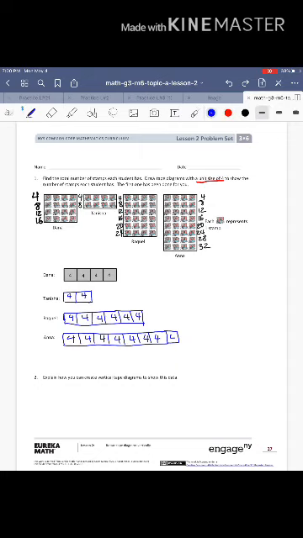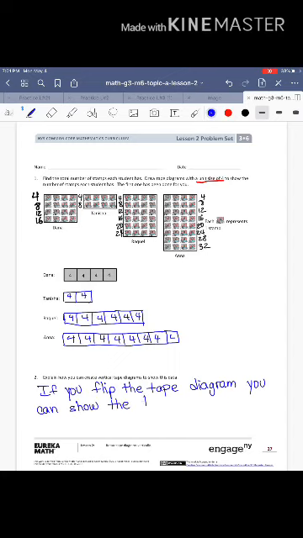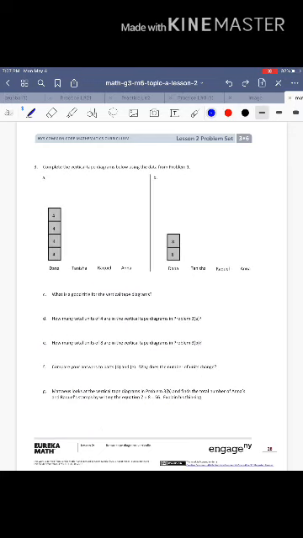So my explanation is going to go like this: if you flip the tape diagram, you can show the data or the information in a bar graph. Okay? We're going to do a little bit more of this in the next part.